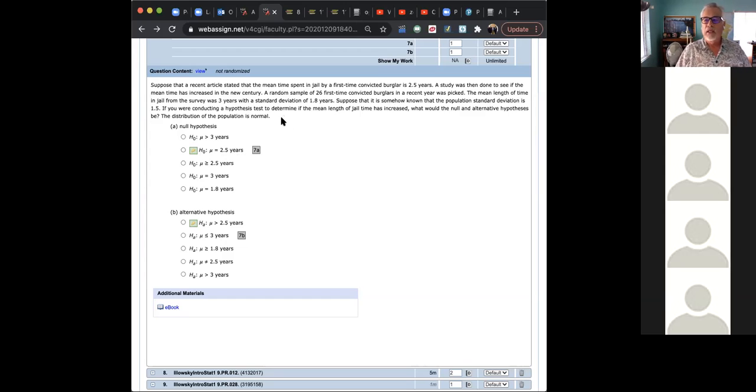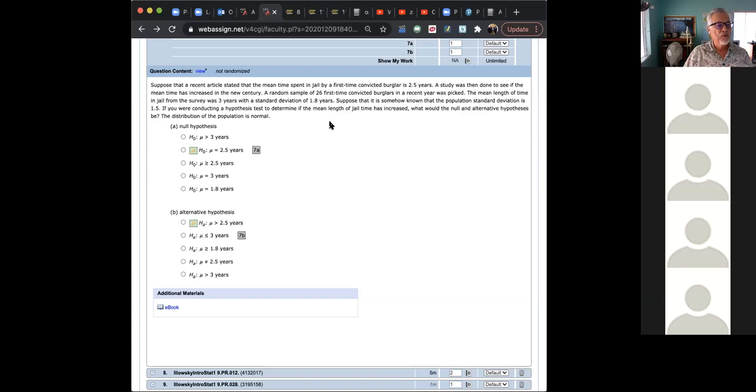Now, a study was done here using the sample of n equal to 26, and the claim is that the mean time has actually increased.